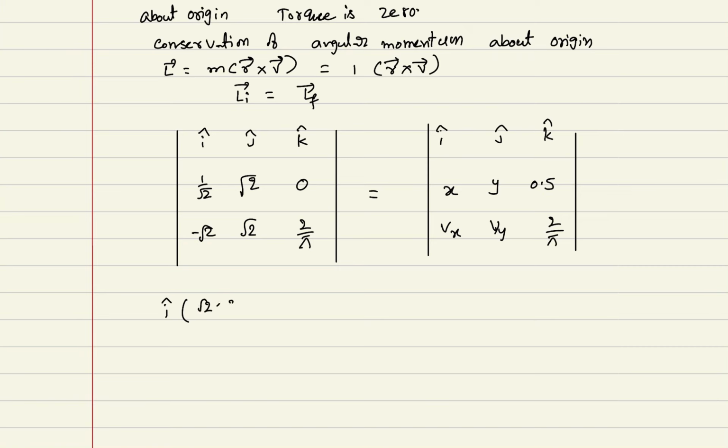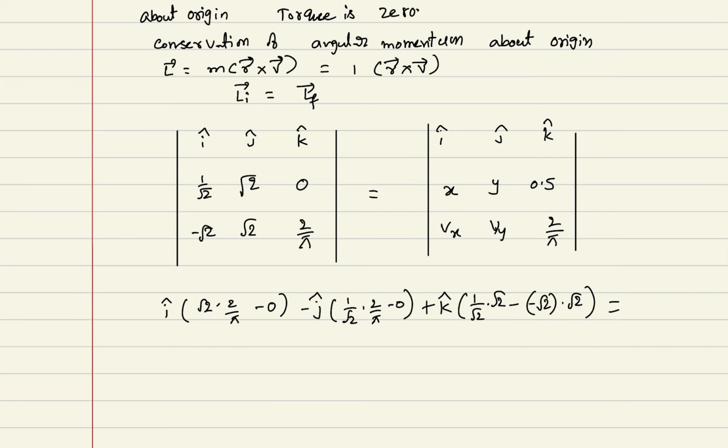Now do it. i cap into root 2 times 2 by pi minus 0, minus j cap into 1 by root 2 times 2 by pi minus 0, plus k cap into 1 by root 2 into root 2 minus root 2 into root 2.